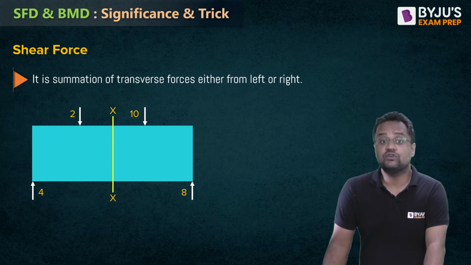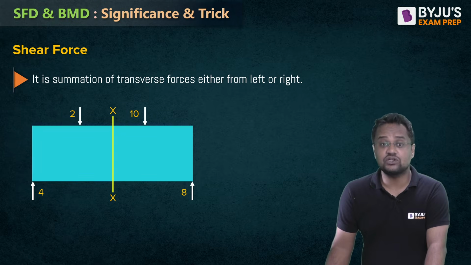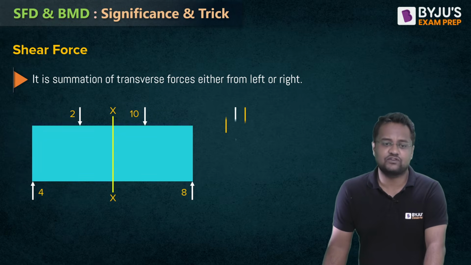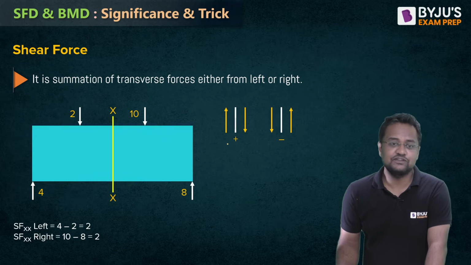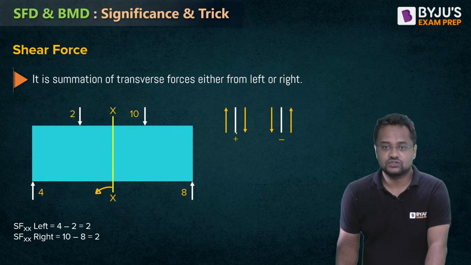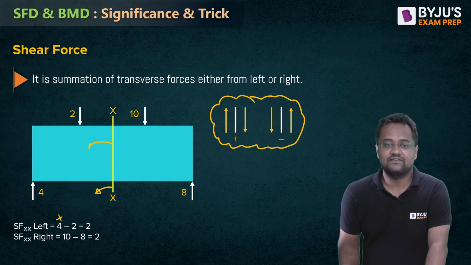So suppose we want shear force at this XX section. It is the summation of transverse forces either from left or right. If we see from the left of XX, this is the sign convention. Left hand side upward is taken as positive, and left hand side downward is negative.